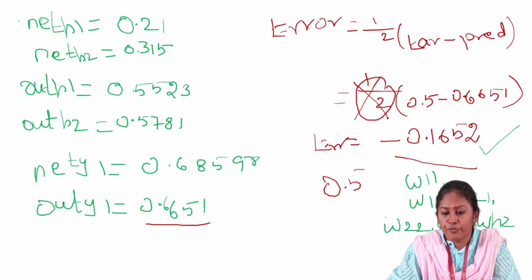So we have to differentiate this error with respect to all these weights, that is, calculate the gradient descent of this error with respect to all these weights and update them accordingly. That is what we are going to see in the upcoming steps. So now we got the error, and we got all the intermediate outputs when passing from the input layer to the output layer.